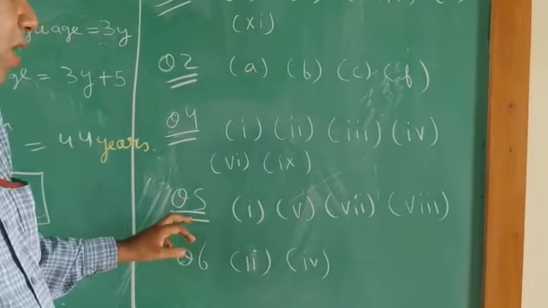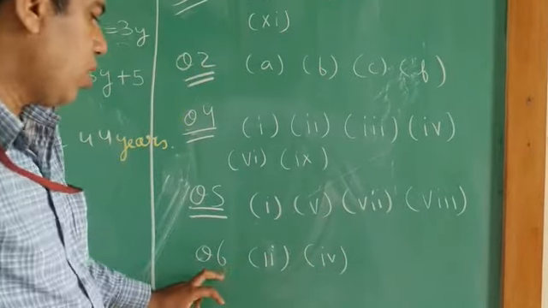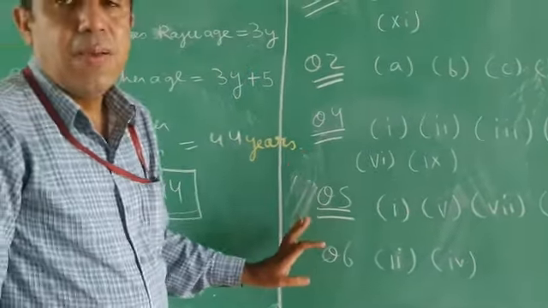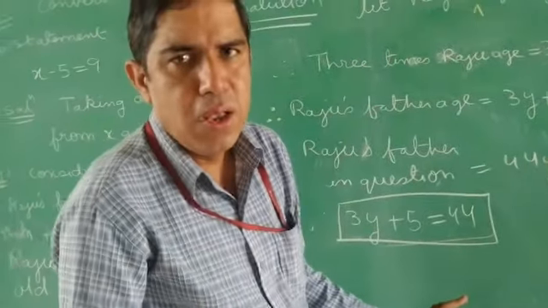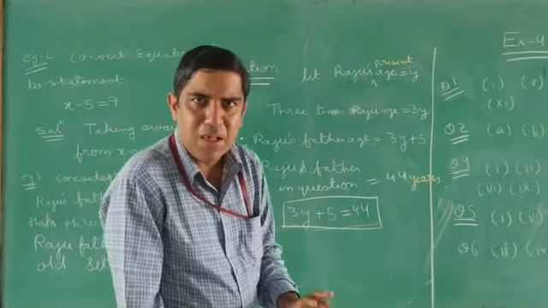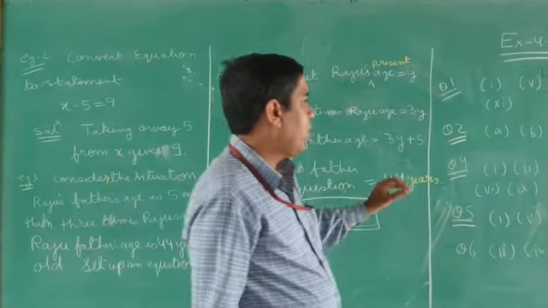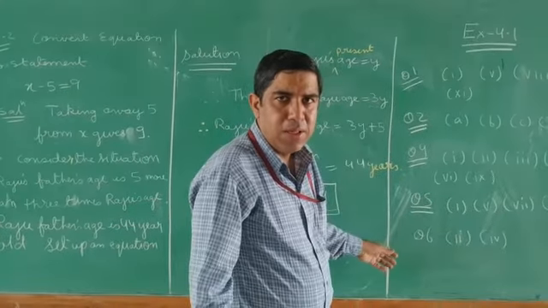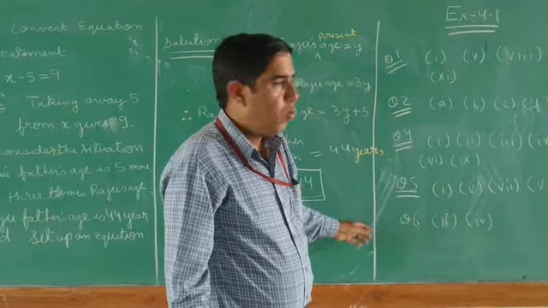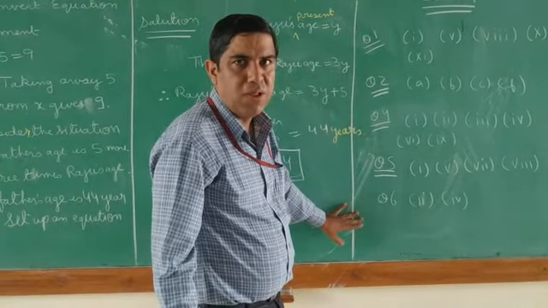Question number 5: 1, 5, 7, 8. And question number 6, second and fourth. Why have we done this? Because CBSE has given the instruction to decrease the syllabus, but we are not removing the questions, we are decreasing some parts of the questions, and we have discussed this with all the parallel teachers, all the colleagues who are taking mathematics in your classes. So this is exercise 4.1, and I am going to discuss only these problems with you.